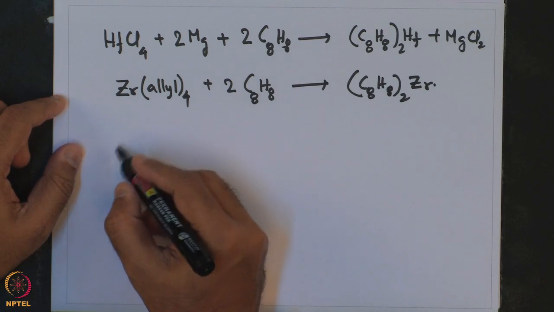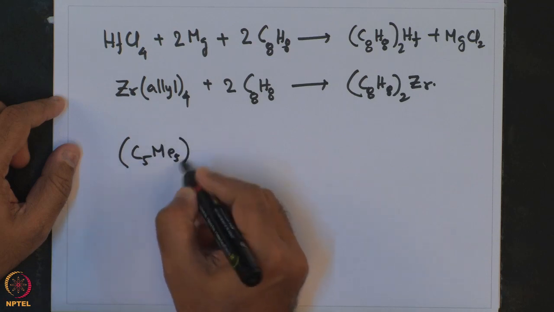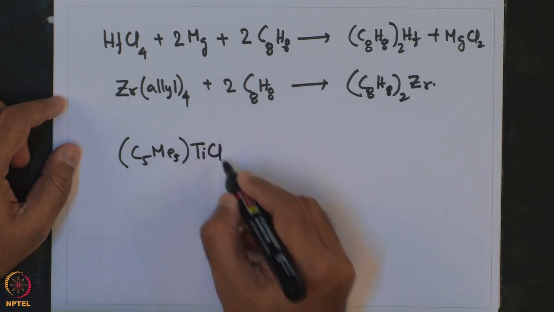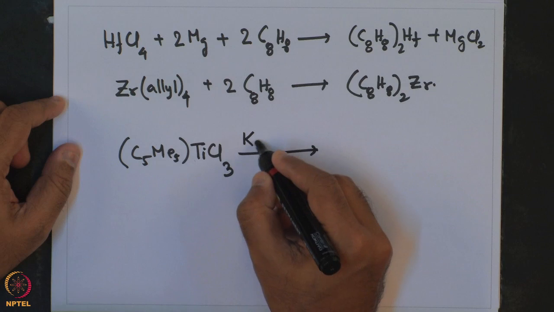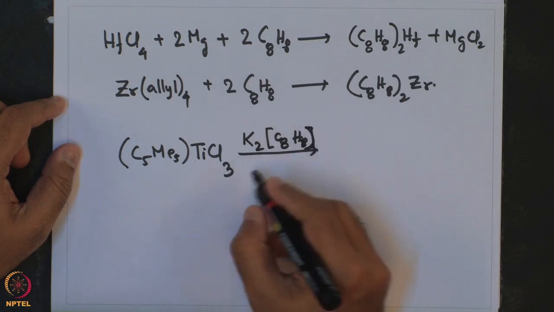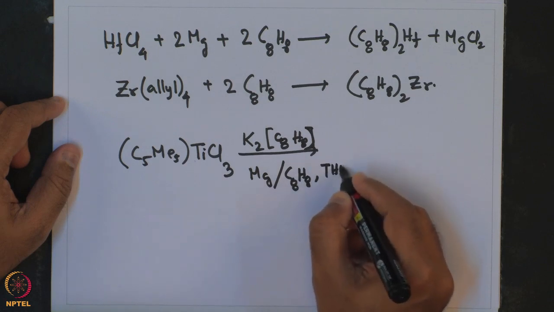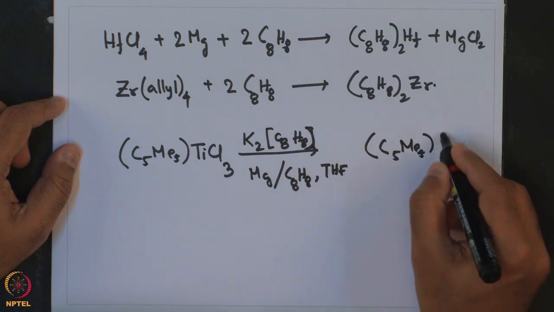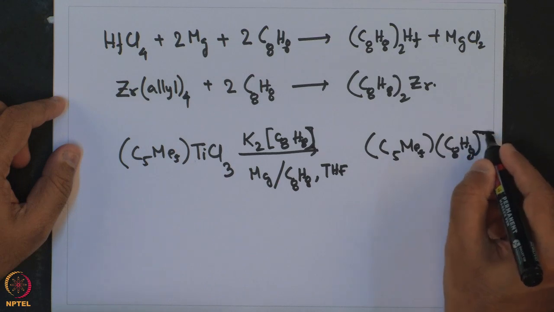And lastly, another example involves Cp star or C5Me5, which is also popularly called the pentamethyl cyclopentadienyl ligand, complex of titanium TiCl3 with the dianionic form of COT, which is K2C8H8, giving magnesium and C8H8 in THF, giving (C5Me5)(C8H8)Ti.